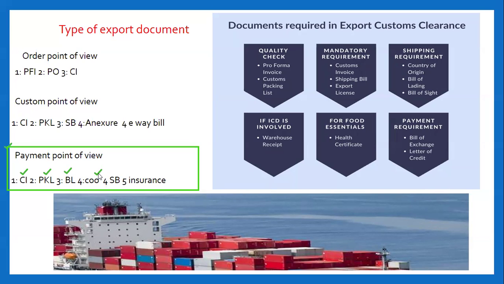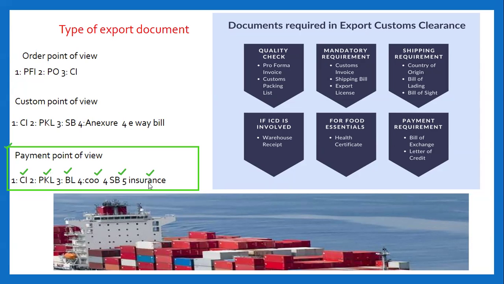Then the certificate of origin, which is issued by the Chamber of Commerce and Industry. This certificate has the information regarding the goods and is certified by the Indian government. Then the shipping bill, which is generated by customs. These are the proof of export, and insurance. These are the documents we need to submit to the bank.